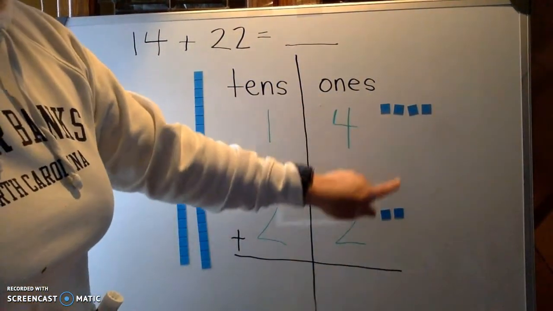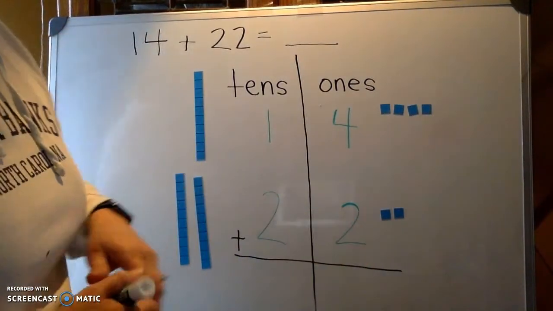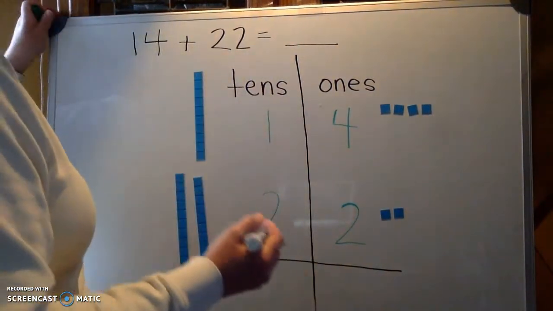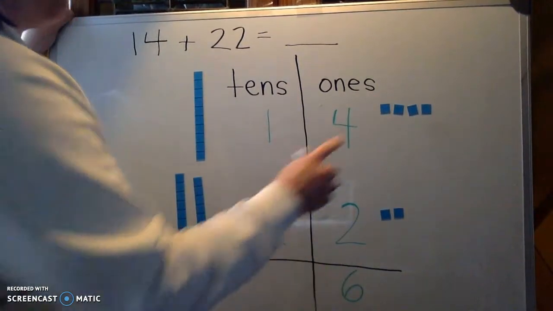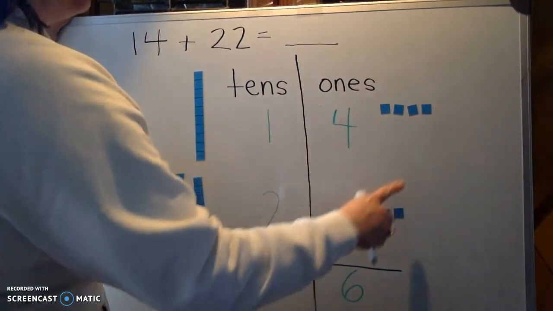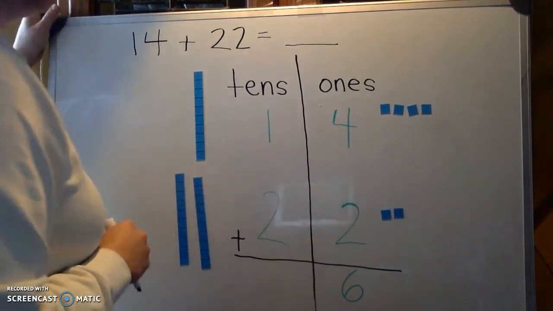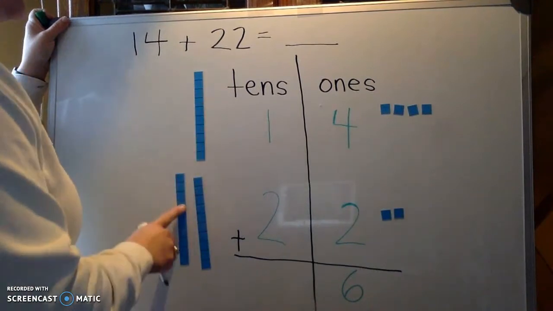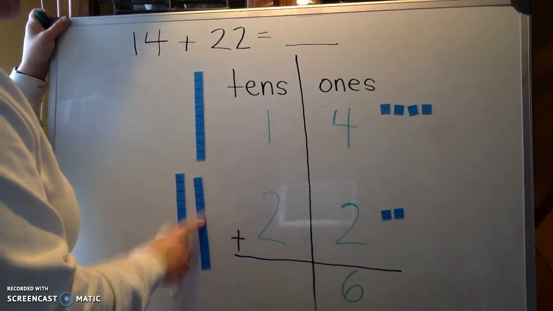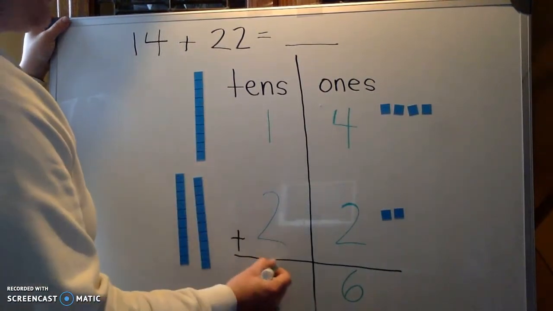We have 4 ones and 2 ones, and 4 and 2 make 6. That's right. We can start at 4 and count on 5, 6, because that's the quick way. And then over here, we have 1 10, 2 tens, 3 tens. 1 and 2 makes 3.